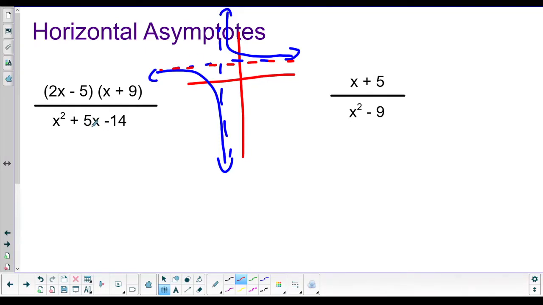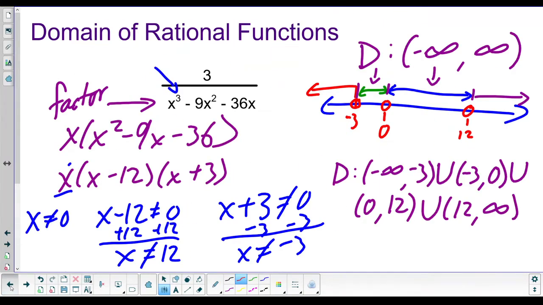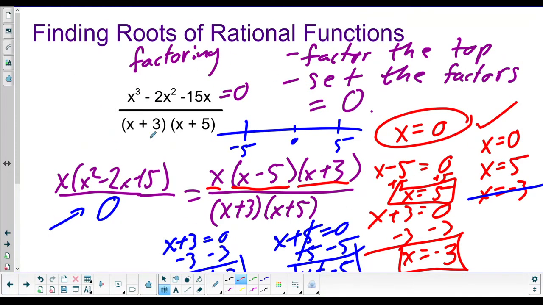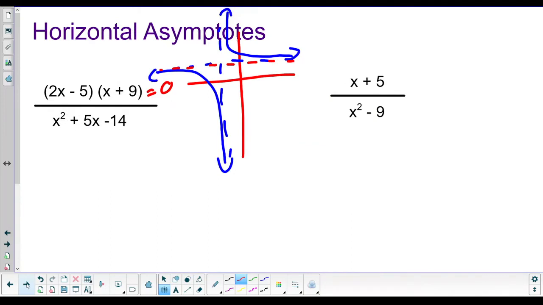So it is not setting the top equal to 0. That was how we found our roots of the function where it crosses the x-axis. To find the horizontal asymptote, what we want to ask is what does the fraction reduce to if you plug in really big numbers?